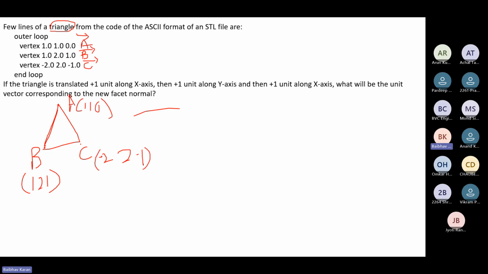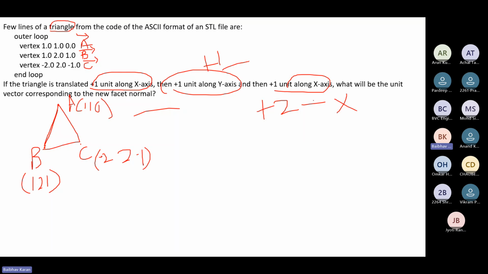So how will you solve this? We are translating 2 units along the x-axis and 1 unit along the y-axis, right? So what will the translation matrix be?